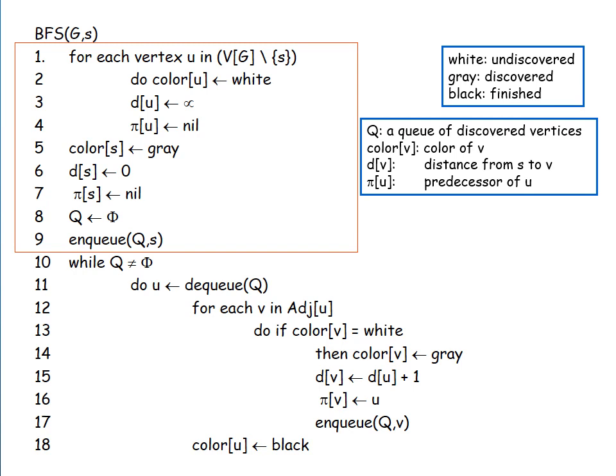We proceed with our initialization to color S gray and to set its distance to 0. And to say the tree connections of S, the branches from S, are not yet specified.